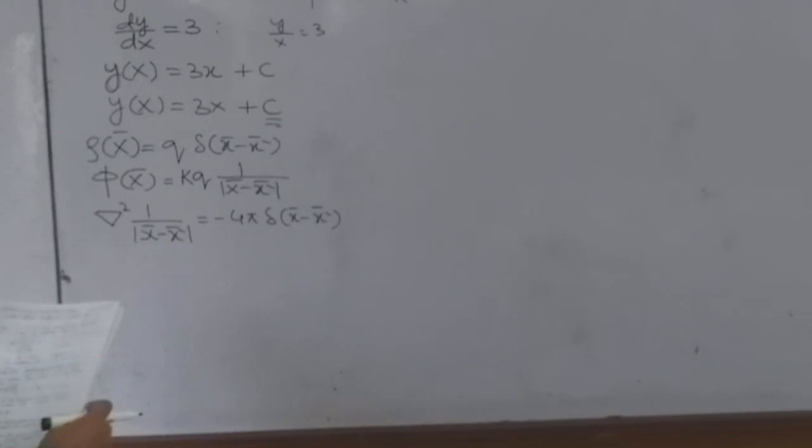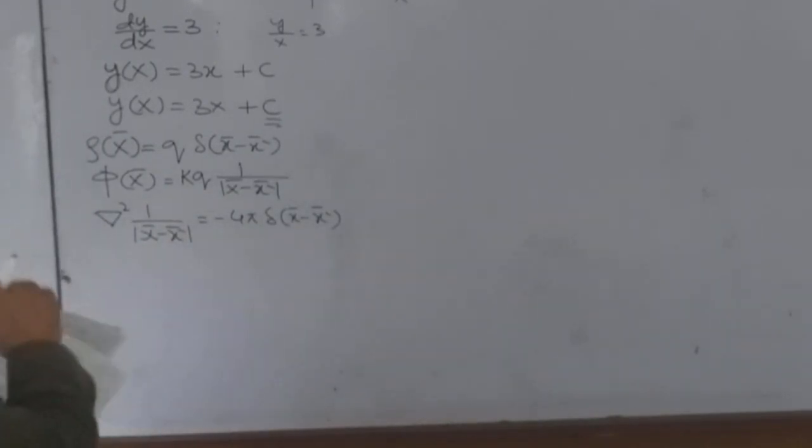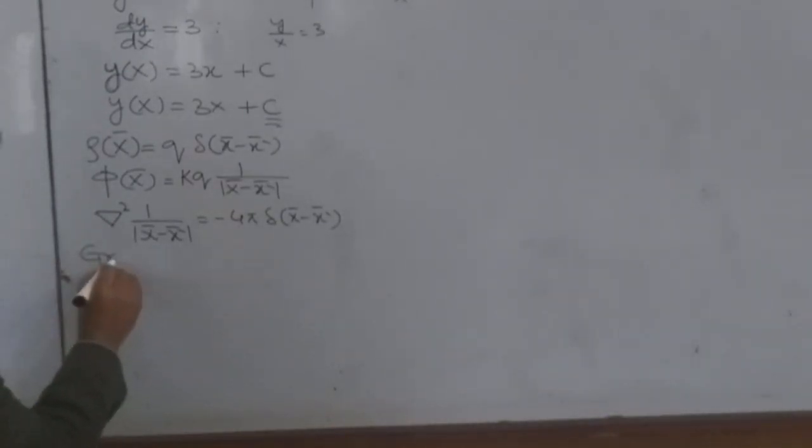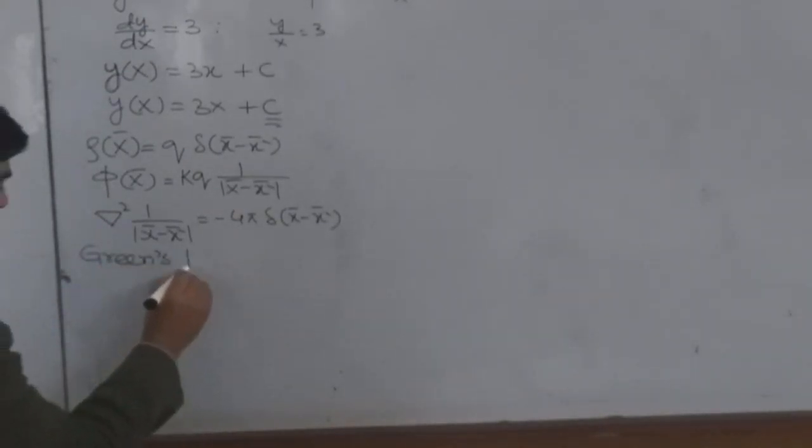Means putting just the value, you will get this thing, and then I will write the relation that we reached, the Green's theorem.